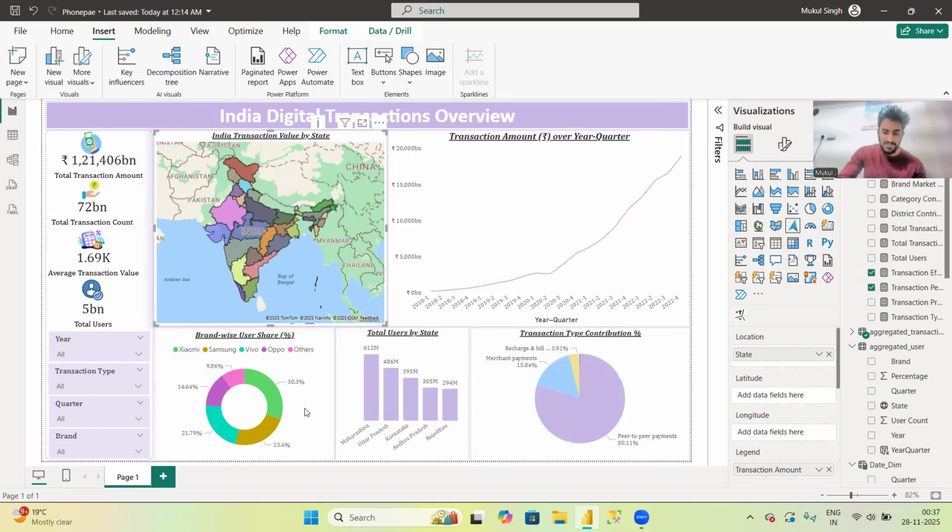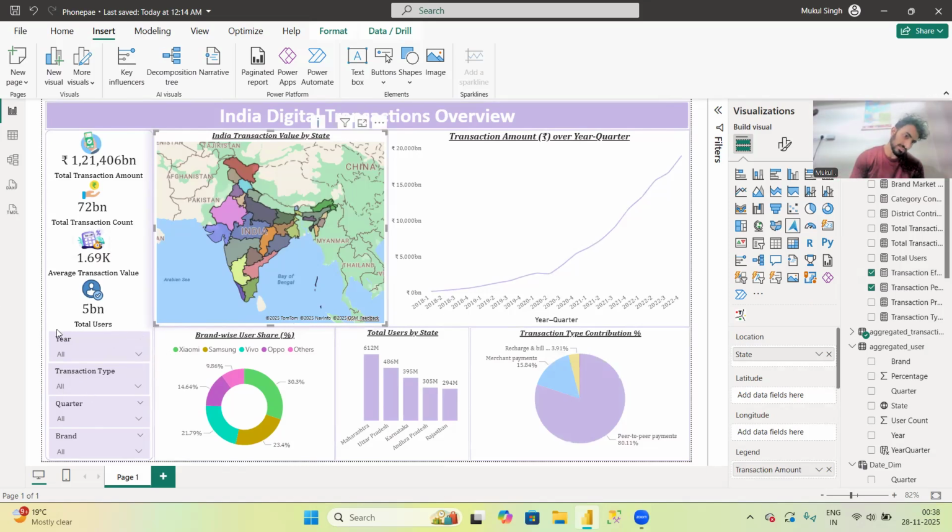The data reflects a country moving confidently towards a digitally empowered economy, where every state, every consumer segment, and every smartphone brand plays a crucial role. Overall, this dashboard highlights India's journey from digital adoption to digital acceleration, making it one of the world's most dynamic payment ecosystems.